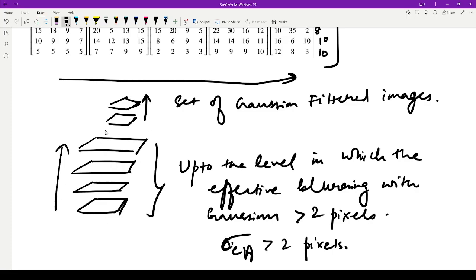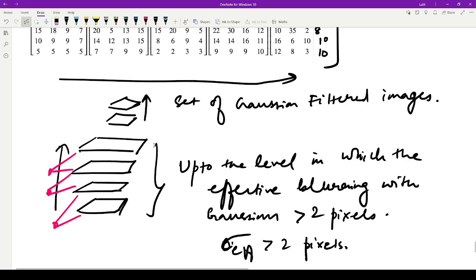Once you create this Gaussian pyramid, then what is to be done? Then you take the differences of these individual Gaussian blurred images. So once you take the differences, what happens is effectively seeing what kind of high frequency information is there in that image.